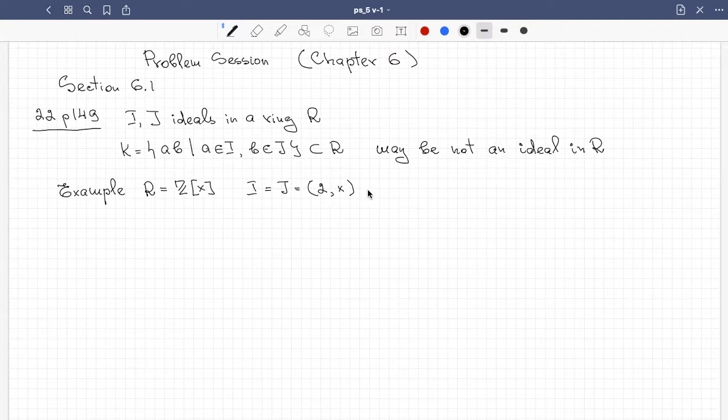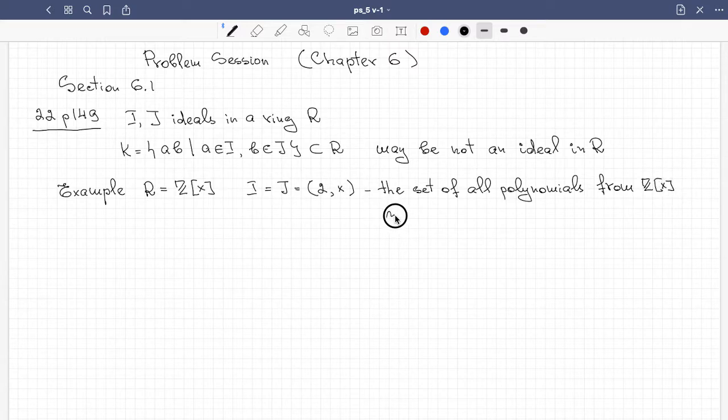As a set, this is the set of all polynomials with integral coefficients with even constant term.